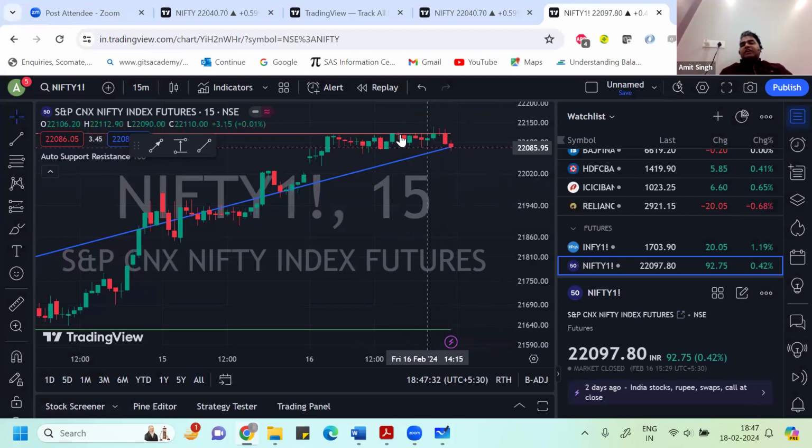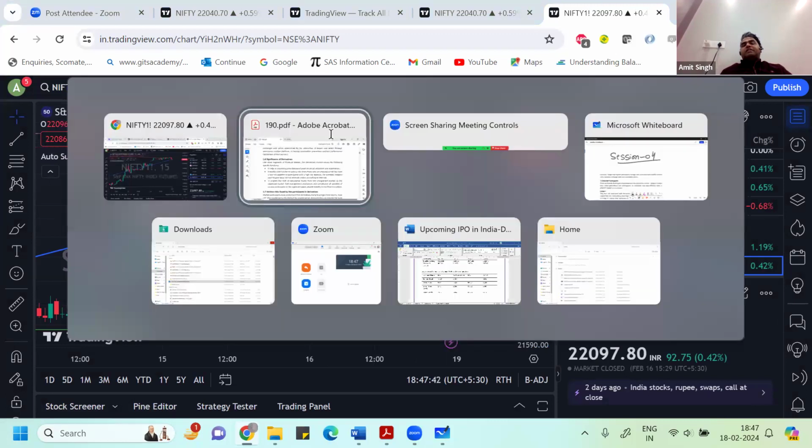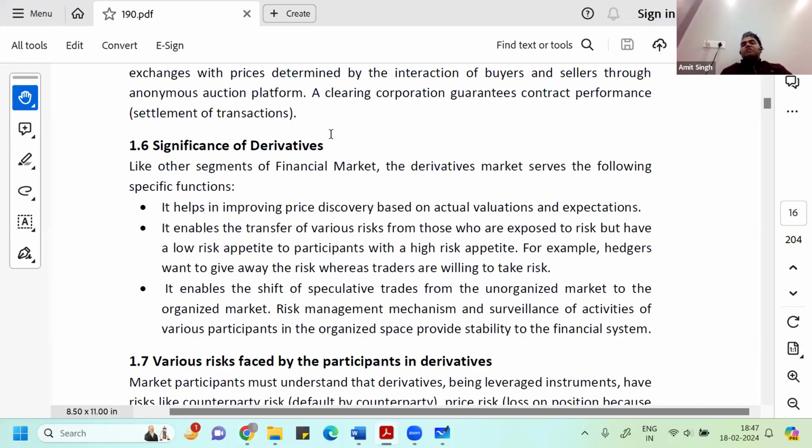By looking at this chart, if the Nifty future resistance is somewhere around 22,100, then you can expect that the resistance of the Nifty would also be around 22,100, because the open interest in futures and options transactions ultimately guides us to understand what will happen in our market. I hope you understood this.